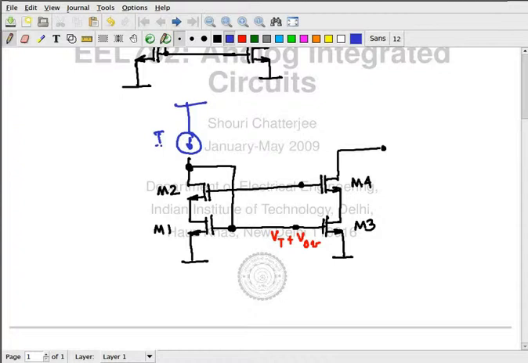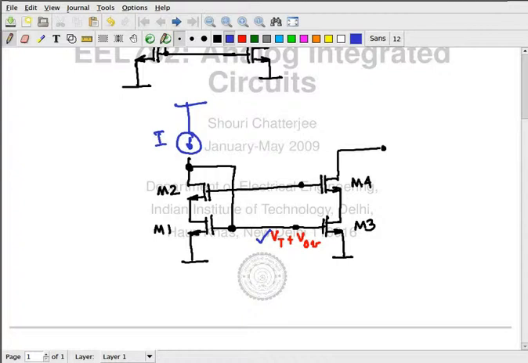Now consider this first. Consider M1. First of all, M1 is conducting a current which is equal to I. This is not complete, I think, so don't worry about the details. Follow my argument. M1 is conducting a current of I. So what do you think is going to be the gate voltage of M1? Vt plus VOV. So what I have written in red is correct. So this is done.